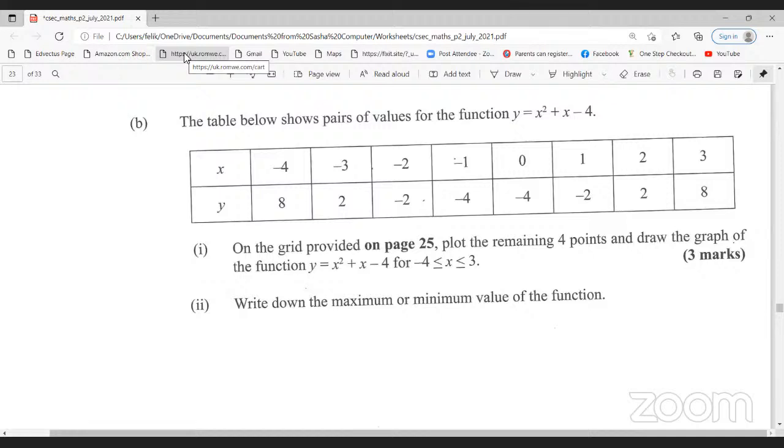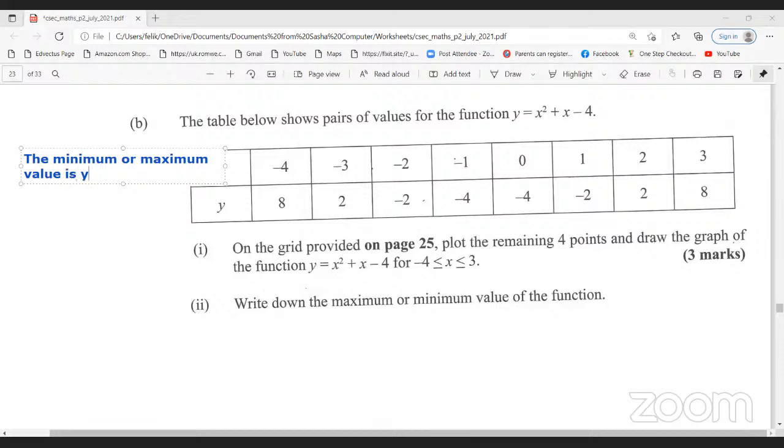So what you can write down before we go further is: the minimum or maximum value is the y value at the turning point. Write that down for me and highlight it in your book.